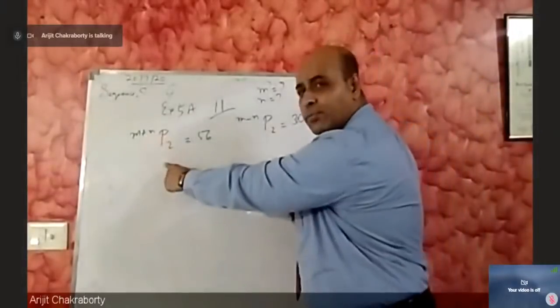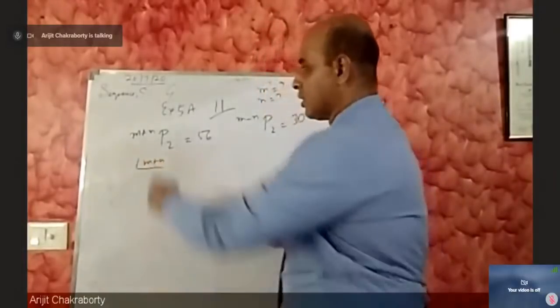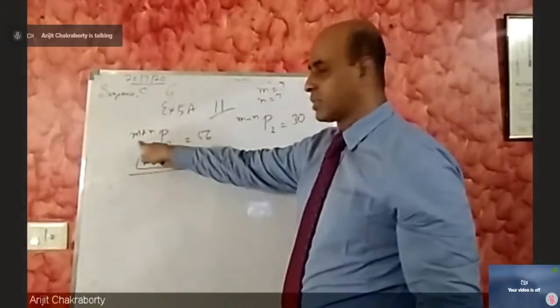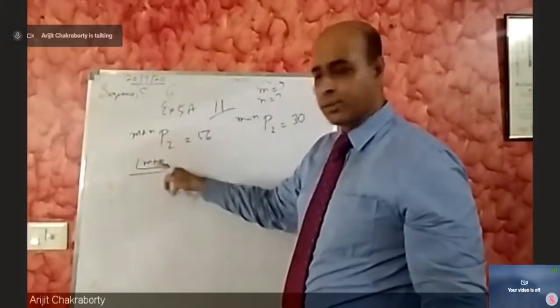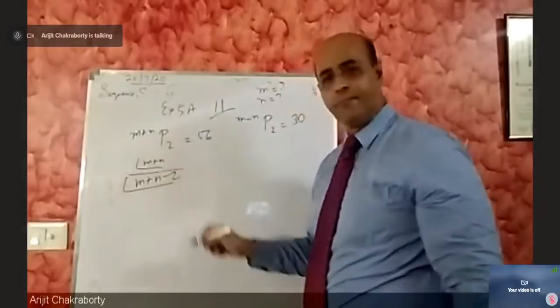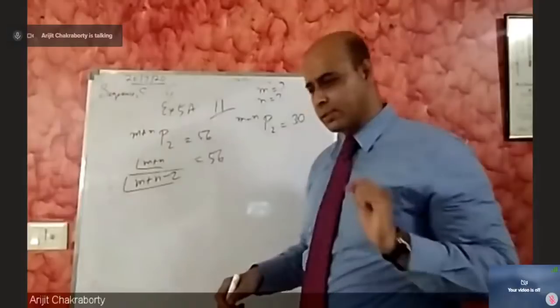Let us use the fundamental formula of permutation. NPR means n factorial divided by (n minus r) factorial. So we have (m+n) factorial, and in the denominator it will be (m+n−2) factorial. This is equal to 56. First equation.